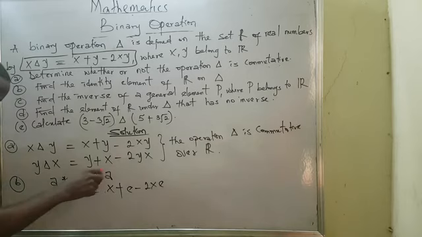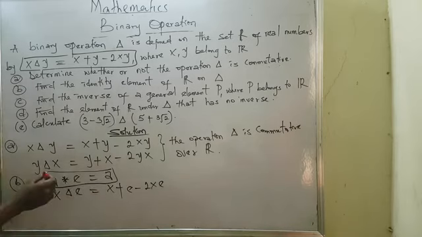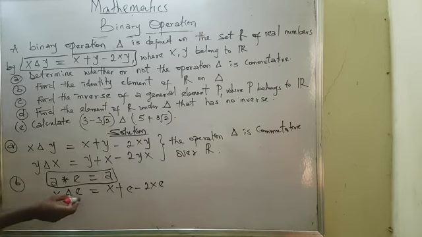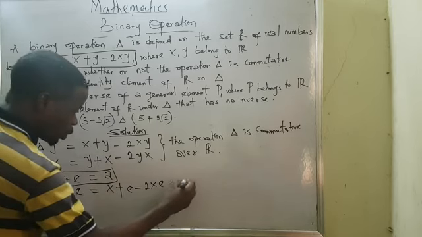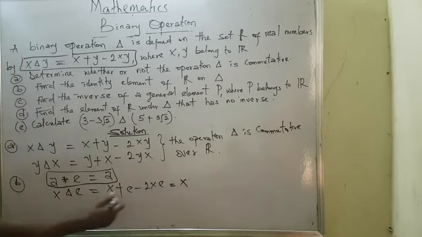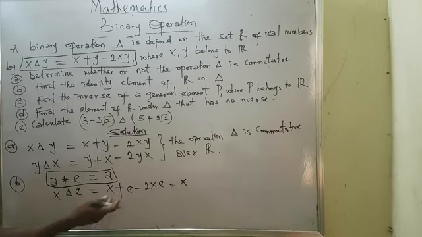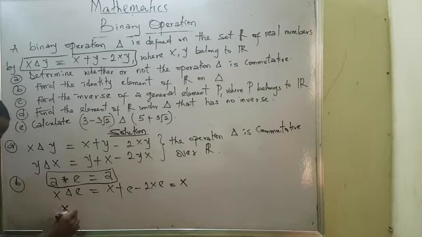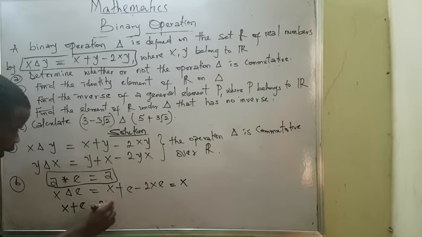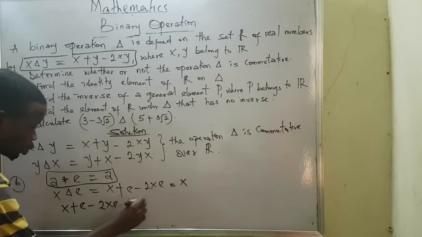So if I operate x on my identity element, I will still get x. Which means this one is supposed to be equal to x. So I can now write x plus E, where E is my identity, minus 2xE, will be equal to x.